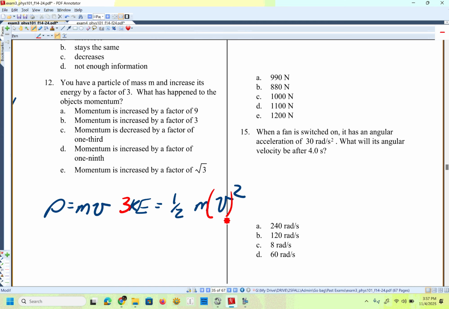Well, what squared is equal to 3? Root 3, right? Similar to that question you asked about earlier. So this would be root 3. Now if I consider my momentum, my speed has increased by a factor of root 3. That means my momentum is also increased by a factor of root 3.